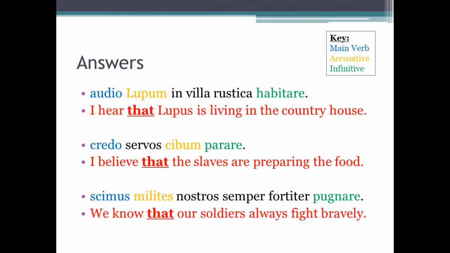Scimus milites nostros semper fortiter pugnare. We know that our soldiers always fight bravely. And again, you'll notice that each sentence includes the word that, which signifies the indirect statement.